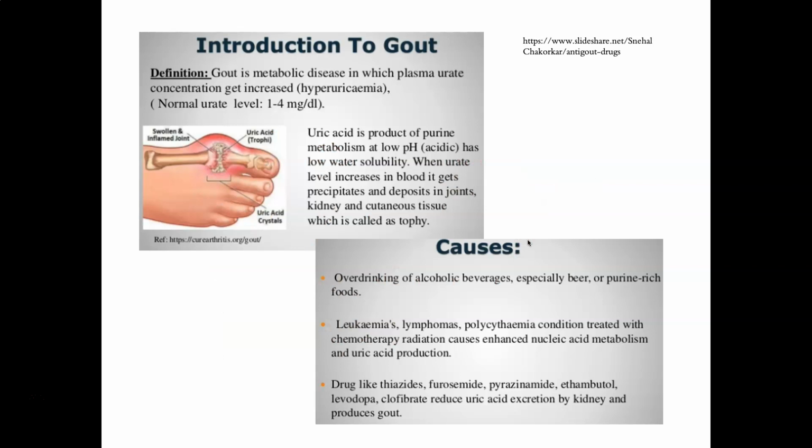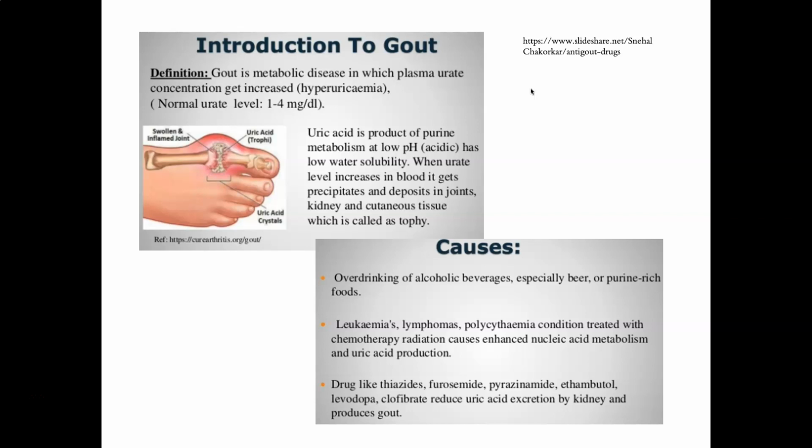All right, let's talk about gout, because that's another part of it. We're going to talk about anti-gout medications now. Gout is a metabolic disease in which plasma urate concentration gets increased. Uric acid is a product of purine metabolism, and when the urate level increases in the blood, it precipitates and deposits in joints, particularly in the foot, particularly in the big toe.